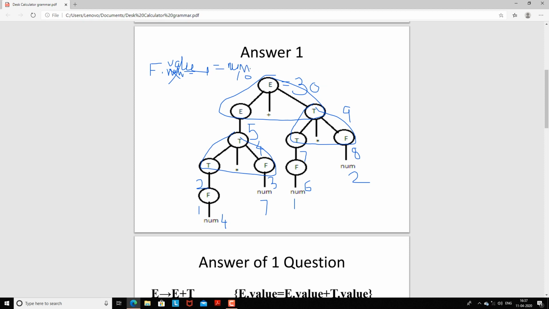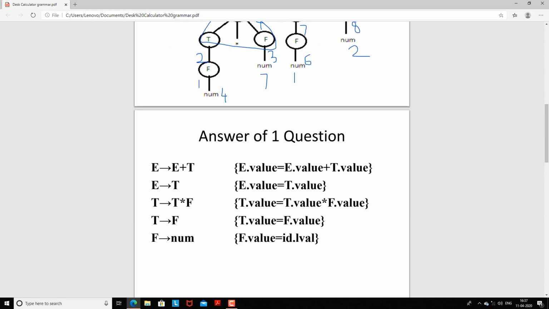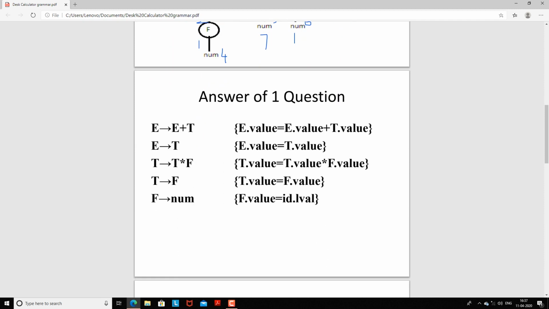In my answer this is actually a num, because in our grammar num is provided, so we use the same term, num dot value. If id is provided here, you can use id dot lvalue.